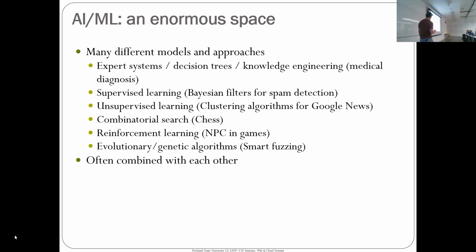And you'll see, if you take the malware class, a lot of the smart fuzzing, smart fuzzing is a way of automatically detecting vulnerabilities in programs. A lot of those things are using genetic algorithms to try and figure out what is the best input to create a test case that will invoke a new code path, is the idea of it.